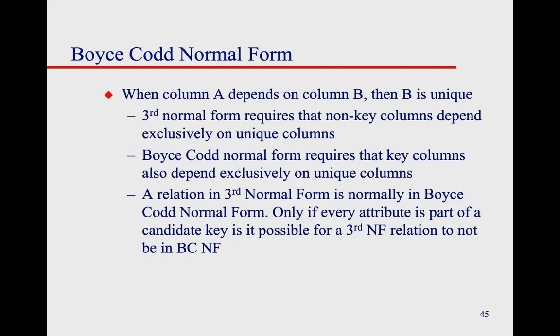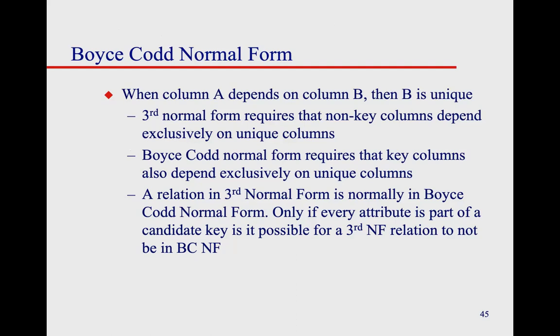So we say that a relation is in third normal form if any non-primary key attribute is fully functionally dependent on the primary key.